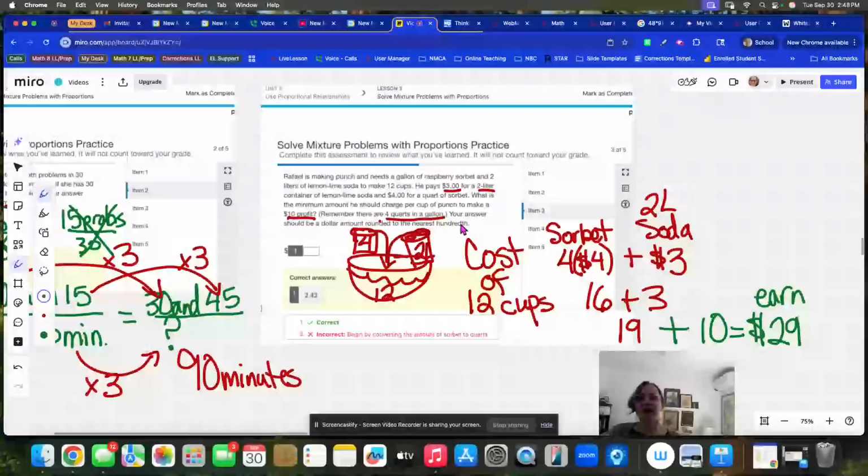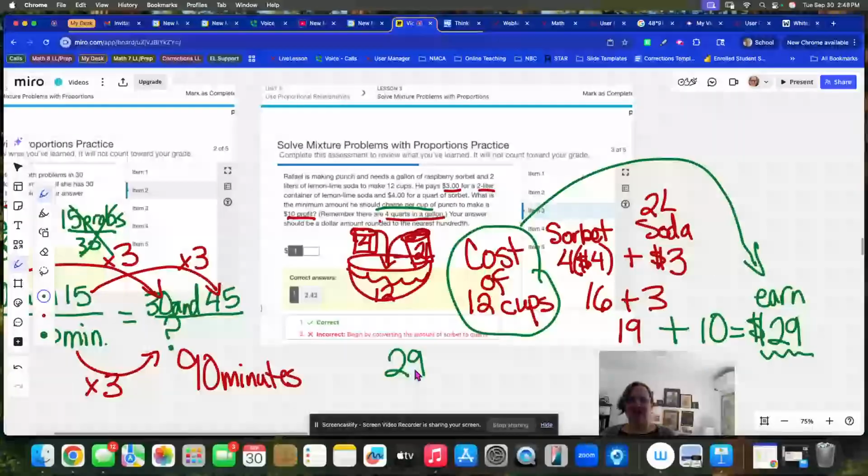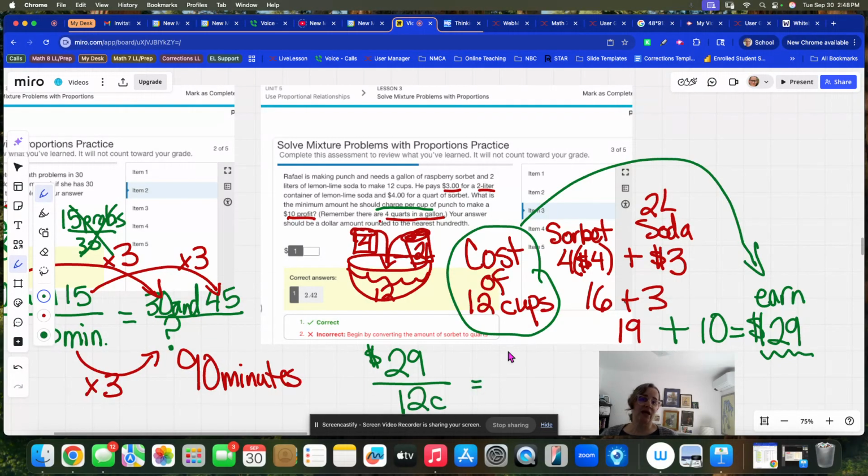Now, we're asking for what is the minimum amount he should charge per cup. Remember that this is the cost of 12 cups. I want to charge enough for 12 cups to earn $29. Okay. Oh, here's my ratio. $29 per 12 cups. Okay, how many is that per cup?